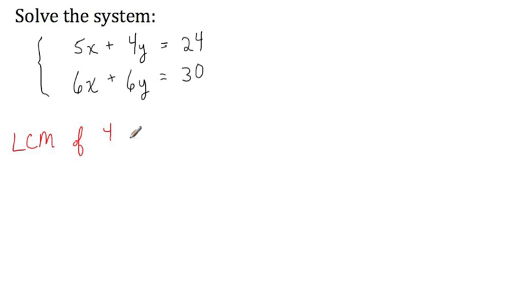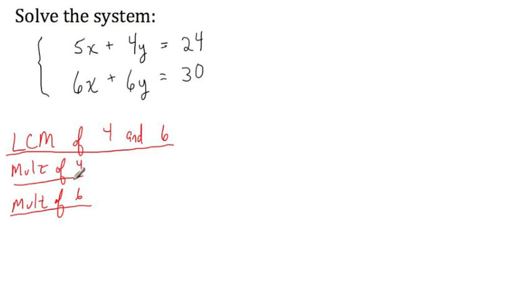Now, you may be able to do this in your head, and hopefully that's the case, but I want to show you exactly how to do this. To find the least common multiple of 4 and 6, you can list the multiples of 4 and the multiples of 6 until you find the smallest one that's in common.